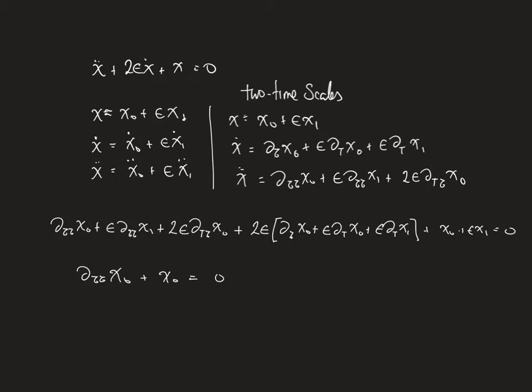So this is epsilon order 0, and now order 1 is going to be: we start with this one, the second derivative in tau of x1, then this one plus 2 d_t d_tau x naught, plus 2 then t tau x naught.